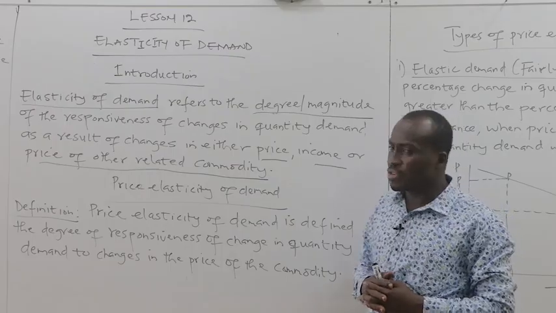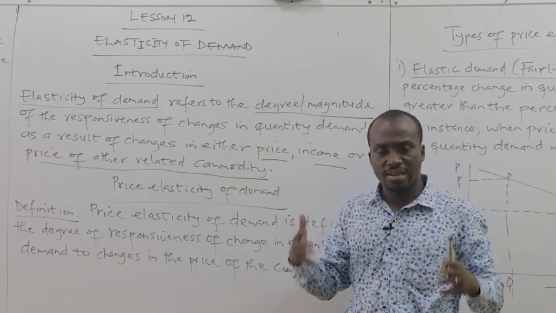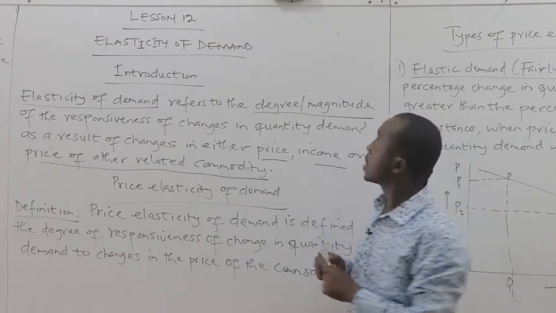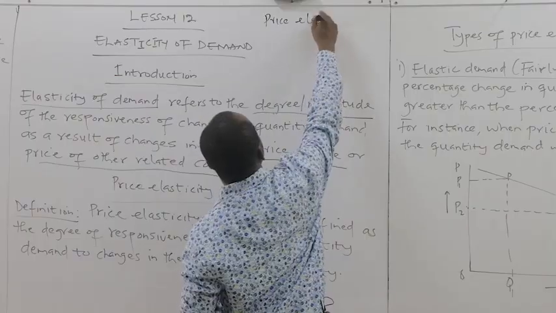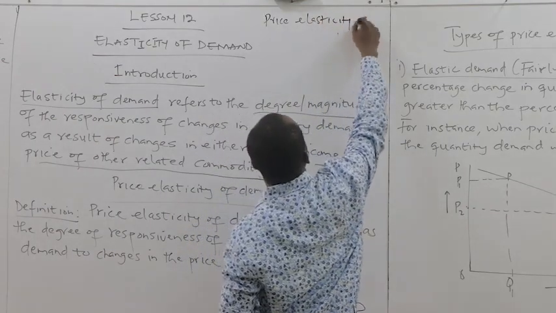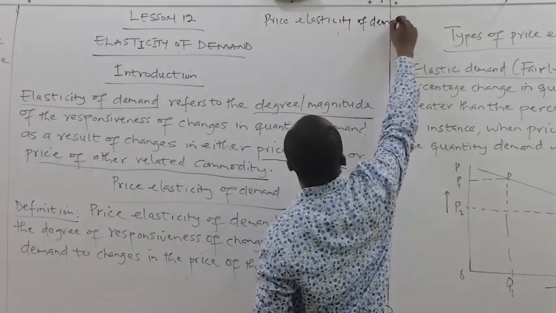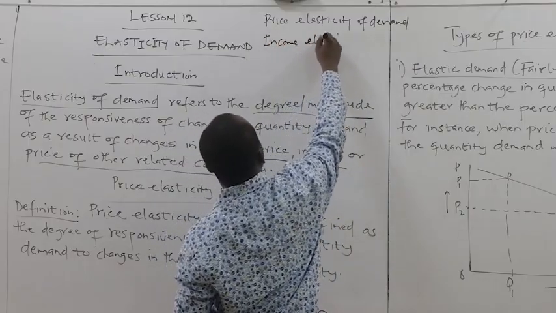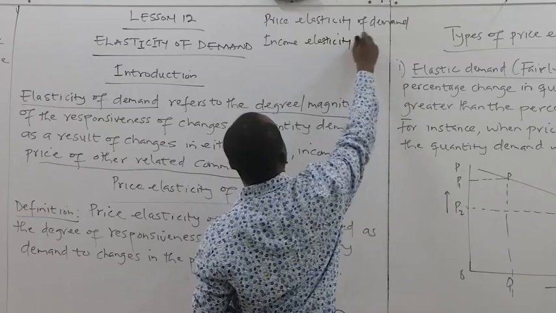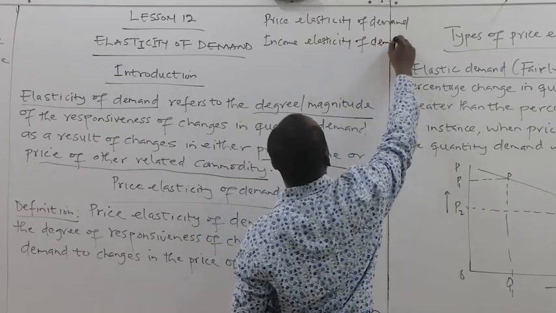When we talk about elasticity of demand, there are three categories, three types of elasticity of demand. One, we have the price elasticity of demand. We have the income elasticity of demand.